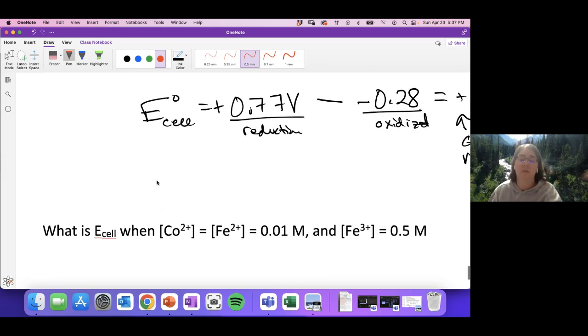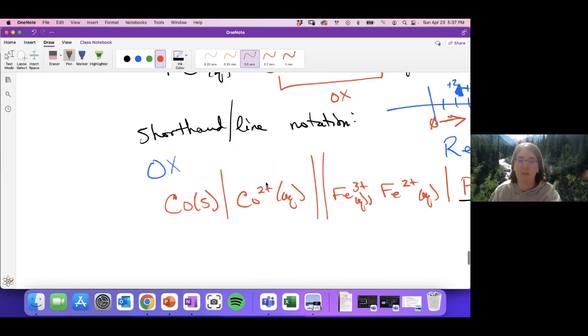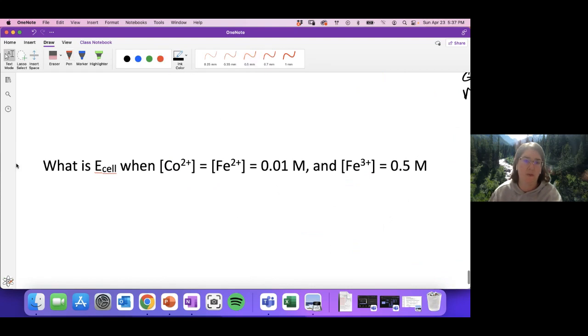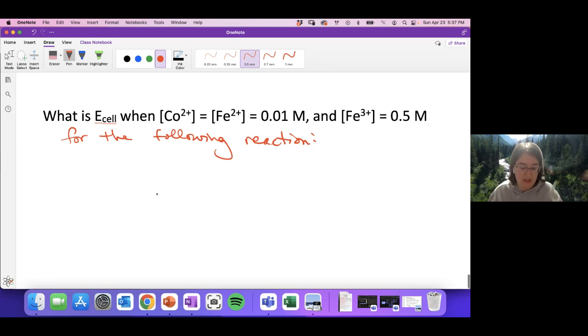So this is supposed to be for the reaction that we've been doing. This should also say for the following reaction. And it's the same one that we had up before. So this is going to look a little bit similar to previous questions because this is actually the reason I had this reaction prepped.